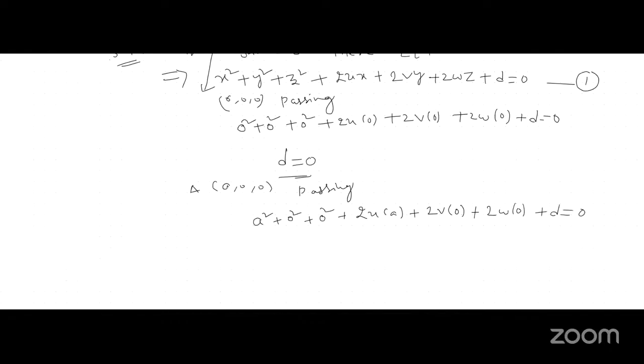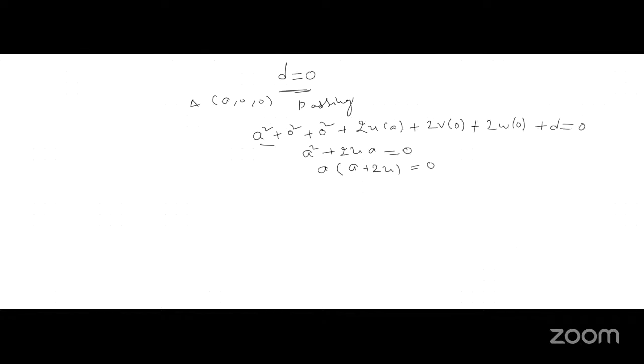That becomes a square plus 2ua equal to 0. Let us take a as common: a plus 2u equal to 0. Then 2u equal to minus a, so u equals minus a by 2.